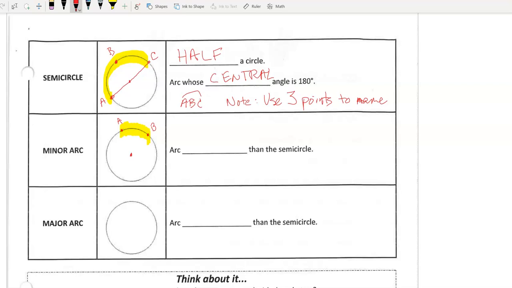So this is an arc that is less than a semicircle. Alright, so we would call this one arc AB. And notice I only need to use 2 letters to name it. Note, use 2 letters to name.